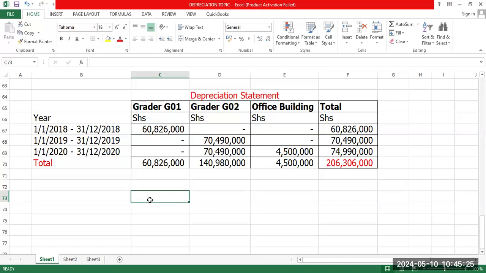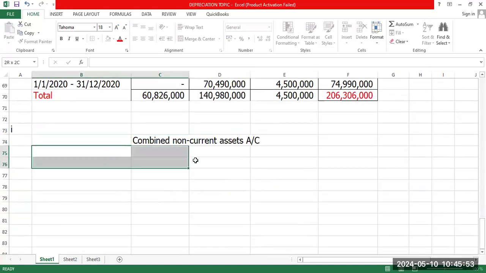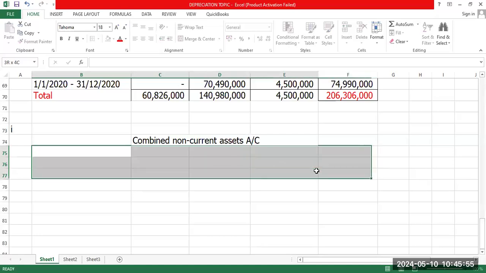We are preparing combined non-current assets account, Roman 1. Don't rush. Don't rush.